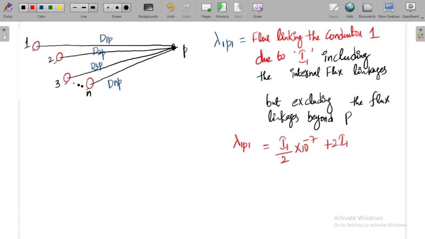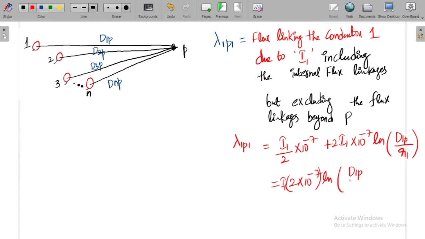As we have determined in the first video, the internal flux linkage is given by half times the current into 10 power minus 7, and the external flux linkage is given by 2 times 10 power minus 7 I1 ln of d1P by r1. Why have I taken this? d1P is the limit for the external flux up to the point P, and the other limit is the surface of the conductor, up to the radius r1. Now by combining these two, what I get is d1P by r1 dash.